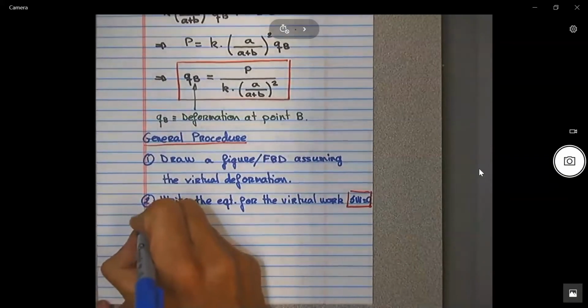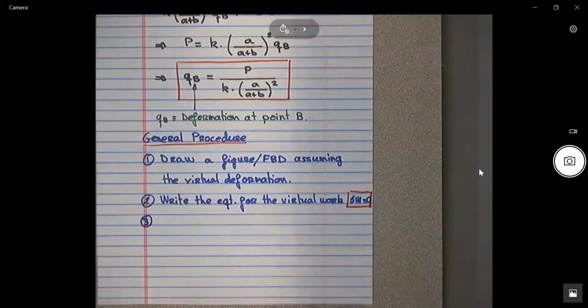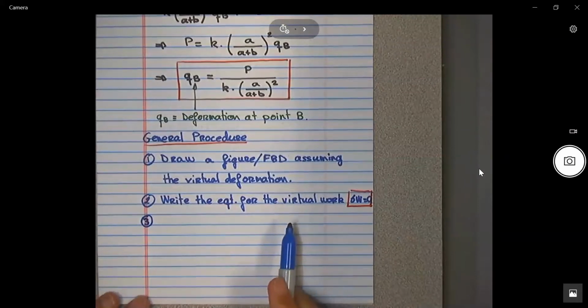So, unless the problem is very, very simple, and in all the cases so far that will not be the case, we need to find additional equations or relations.